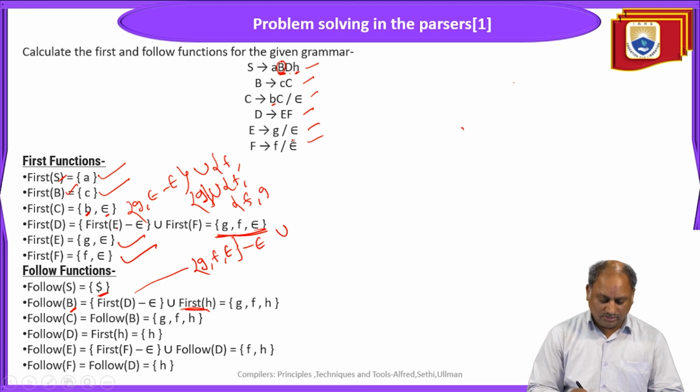So small h only, that's why we include h. So f comma g, epsilon is excluded: f comma g comma h.